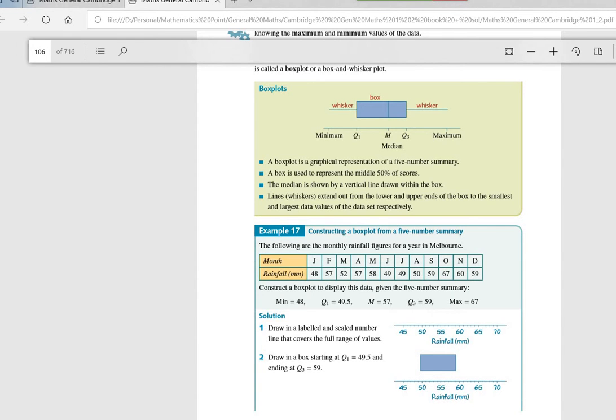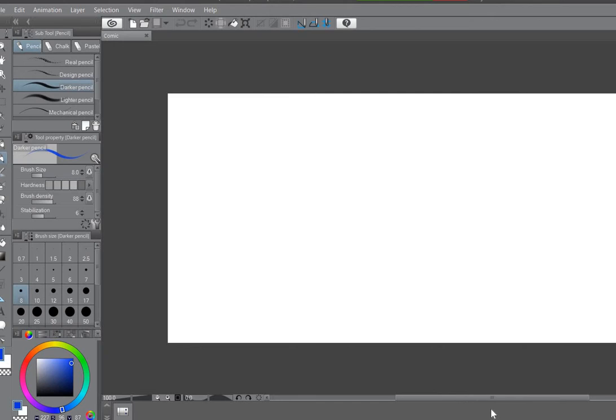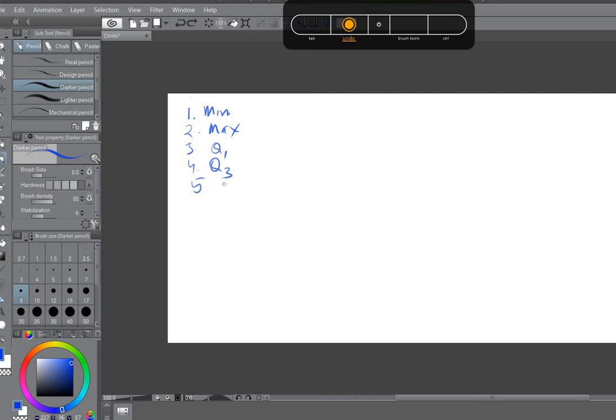So the 5-point summary tells us number 1, the min, number 2 is the max, 3 is the Q1, 4 is Q3, and 5 is the median.